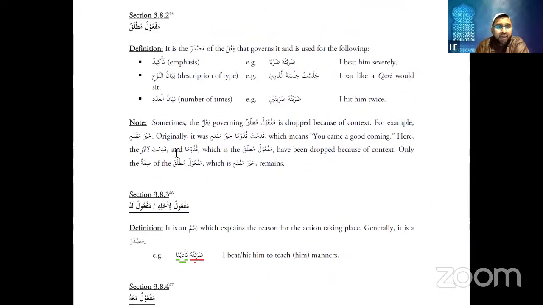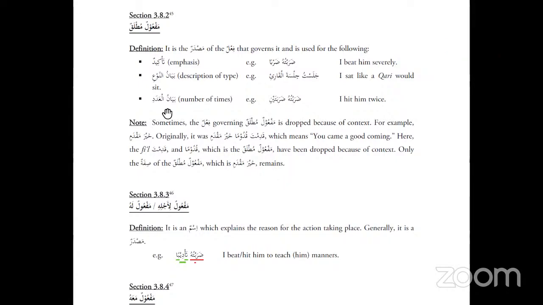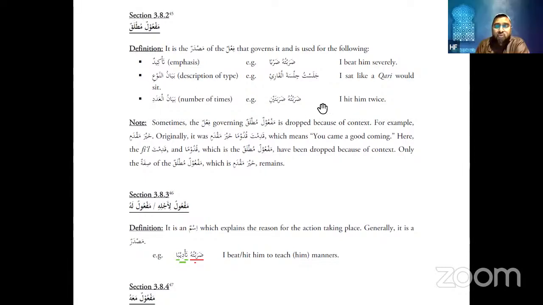It could be for emphasis, darabtu darban, or description of type, I sat like a qari, or bayanul adad, the number of times you did the action. So it will be maf'ul mutlaq, because you're explaining twice. Darabtuhu darbatayn. It's explaining how many times the action of eating happened.